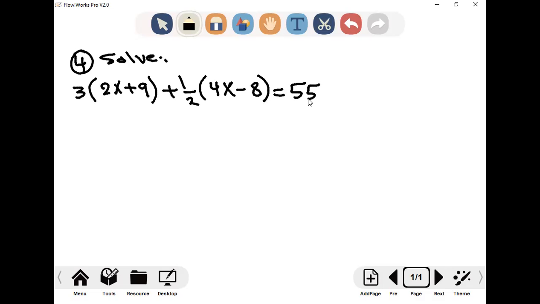This is a linear equation, right? You need to simplify all expressions by distributing the 3 and distributing the half. Then add, subtract until you have the value of x, right?